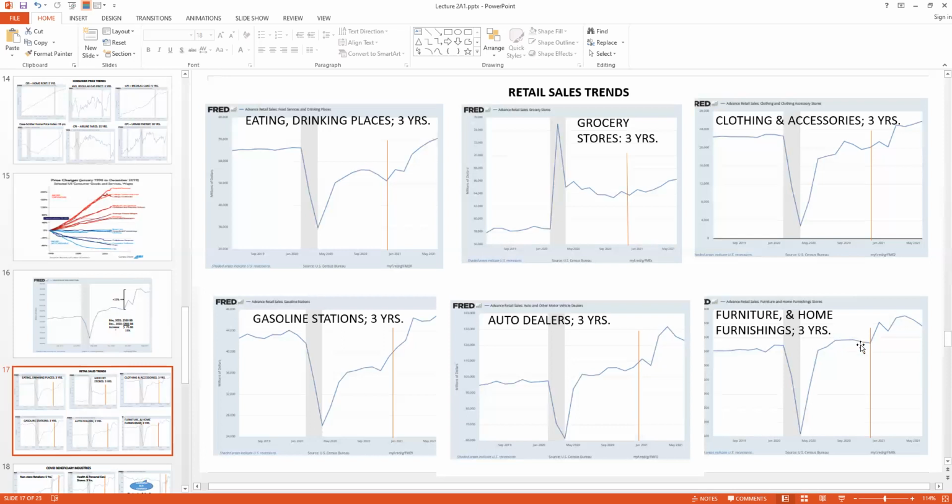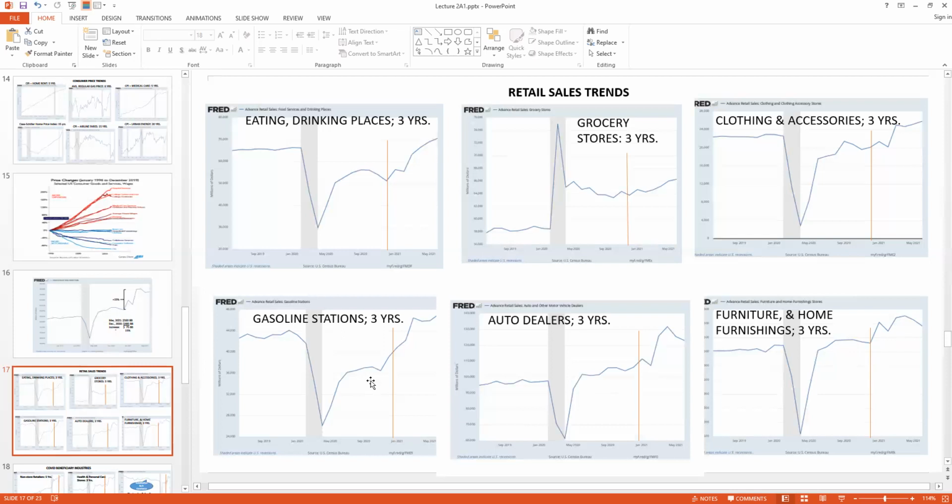And furniture and home furnishings, again, the decline, but then a rapid recovery as many people moved out of the city and built new homes or acquired new homes and did their work from home. You can see that that trend is continuing.